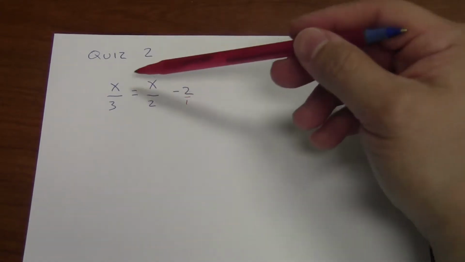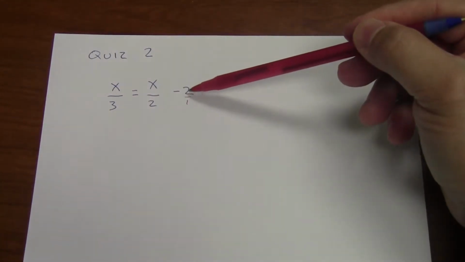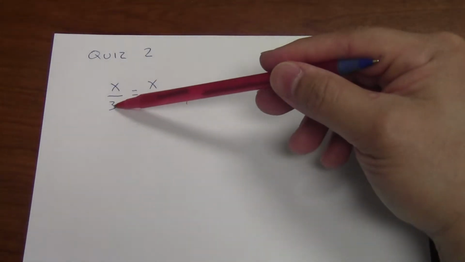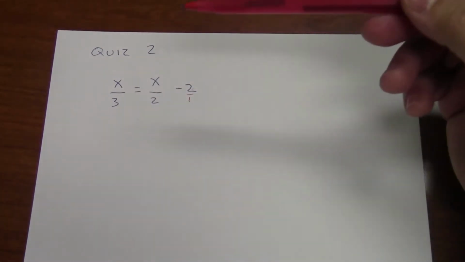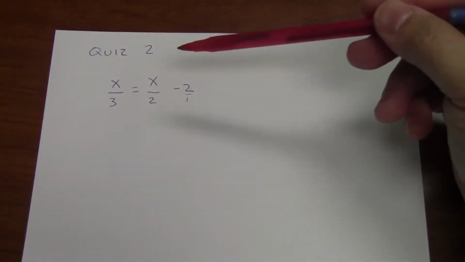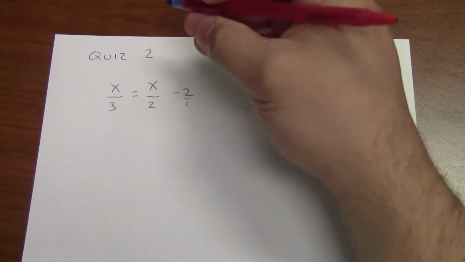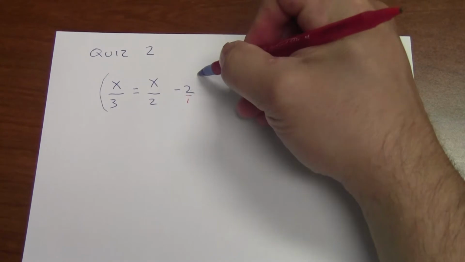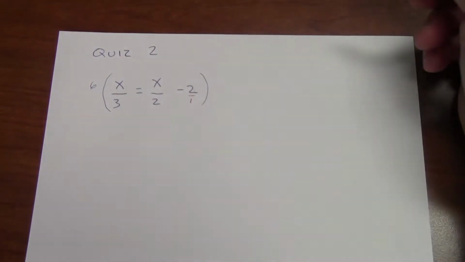So really what I'm going to do is multiply the entire top, the x and the negative 2, by 6. Then I'll be able to divide these bottom numbers into it, which will leave me with no numbers on the bottom. So here we go. I'm just going to put a big parenthesis around this and multiply it by 6. So everything on the top, multiply by 6.